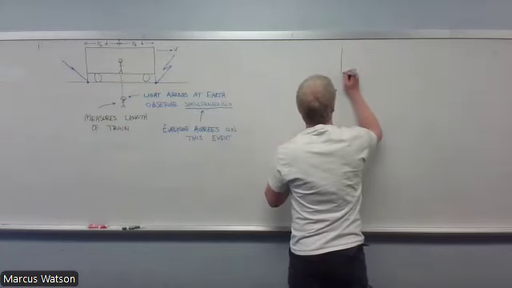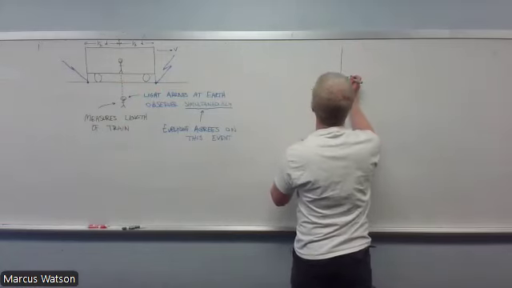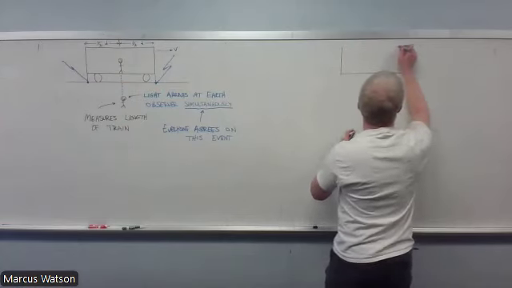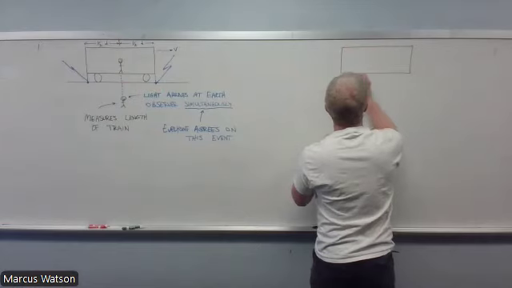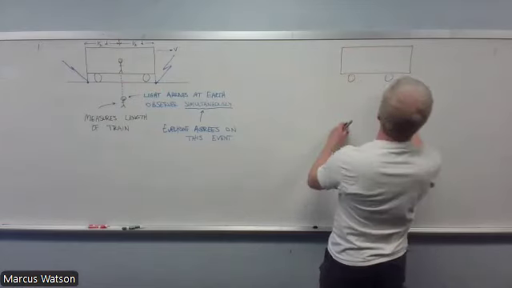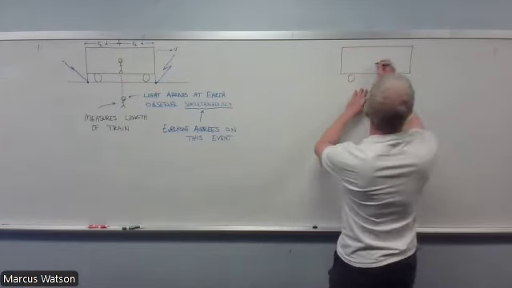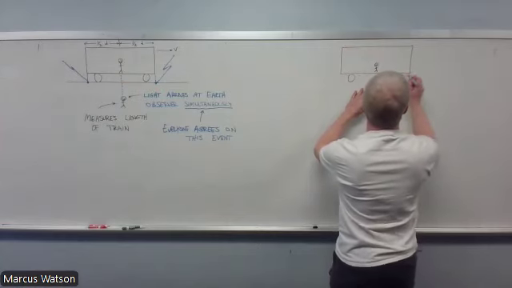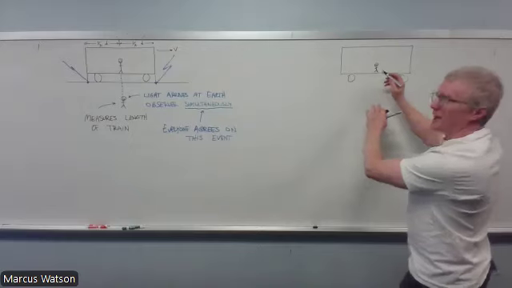Let's take a look at this again from the perspective of the train observer. And what that means is we're going to draw it this way, like that. And whoops, wait a minute. Where's the middle of this thing? Here, right there. Okay, so let's start a little bit before.